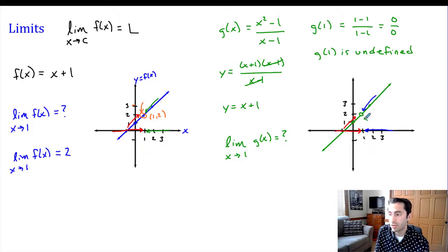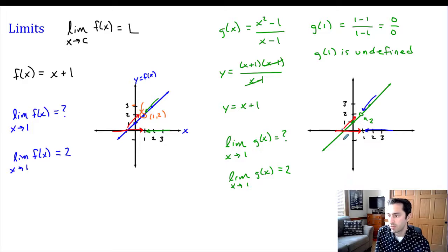So even though there's no graph here, there's no point at 1, the limit of our function as we get really close to that still has a value of 2. So the limit as x approaches 1 of our function g of x, this is also 2, even though it's undefined at 1.